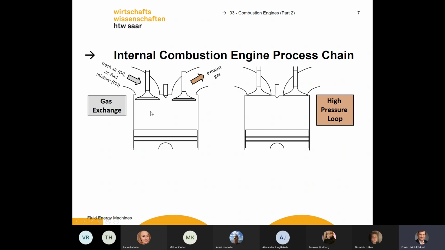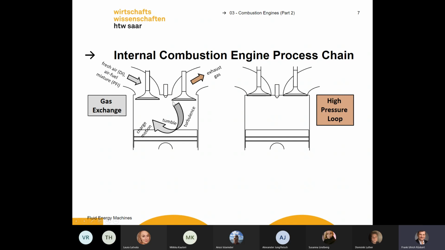That's more modern. I think in the future all the cars will change to direct injection. Only the old cars will remain and have port fuel injection.